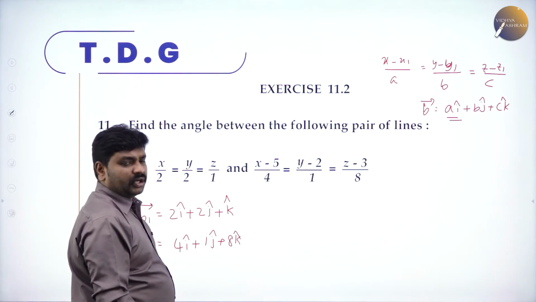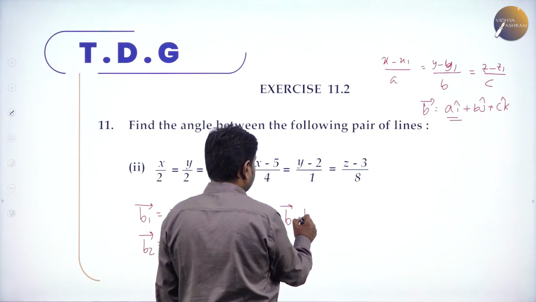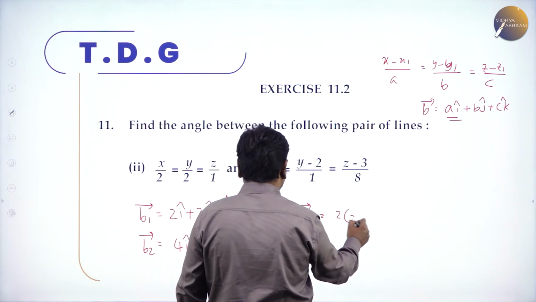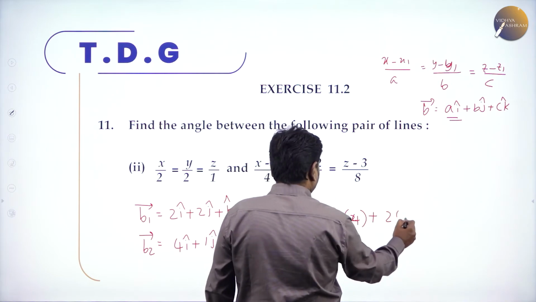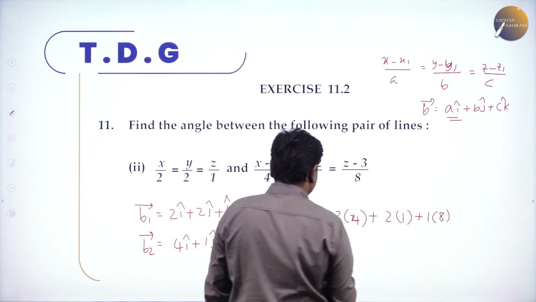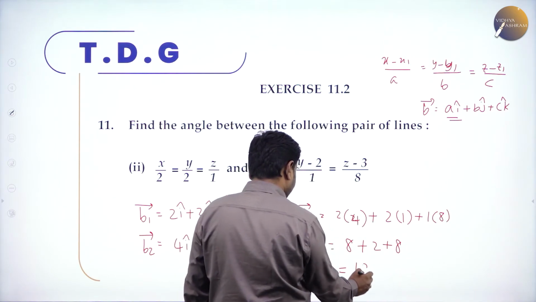Then do b1 dot b2. You should multiply 2 into 4 plus 2 into 1 plus 1 into 8. That is 8 plus 2 plus 8, 18.